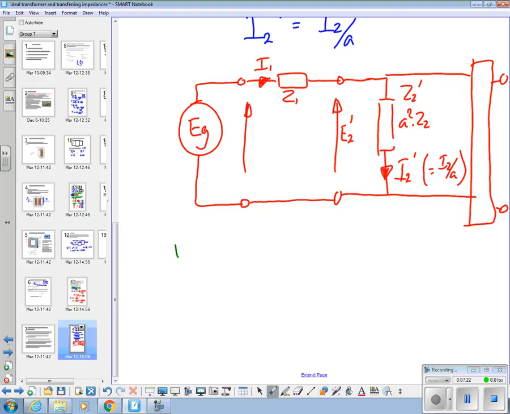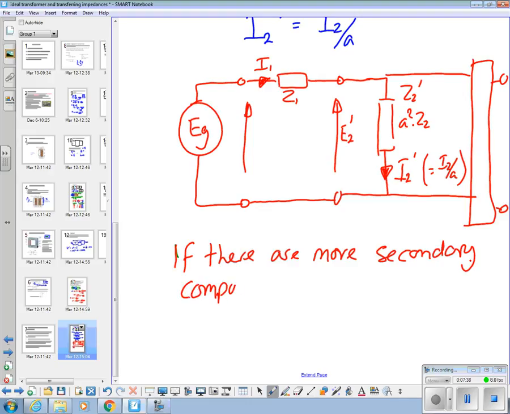The last thing you might have to do in some problems is, if there are more secondary components, move them in the same way.